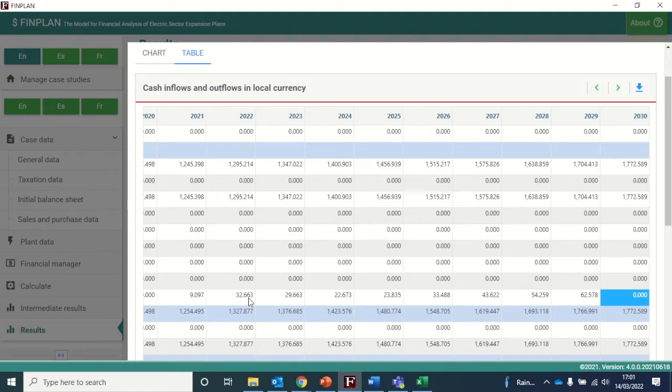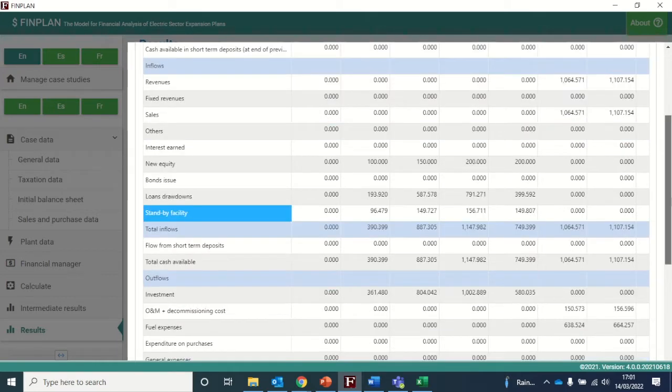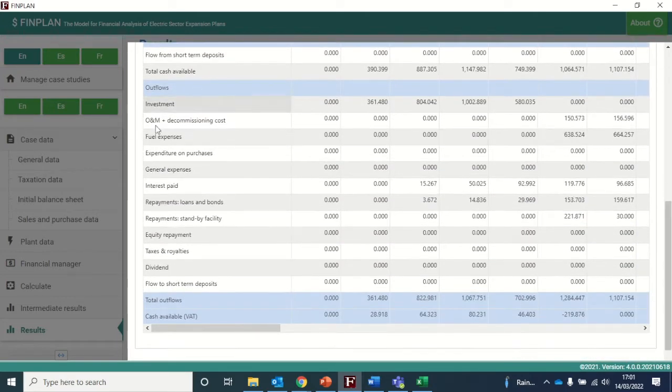Now let's look at the lower part, which presents the cash outflows. So we'll go back and move down to see the outflows. We see that between 2013 and 2016, major expenses are construction related.